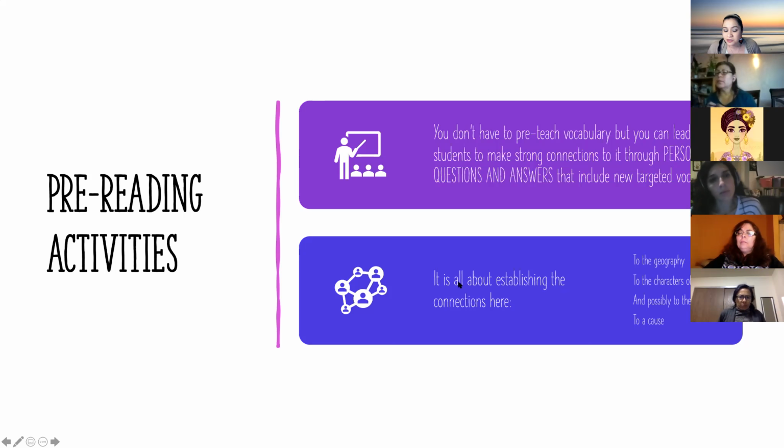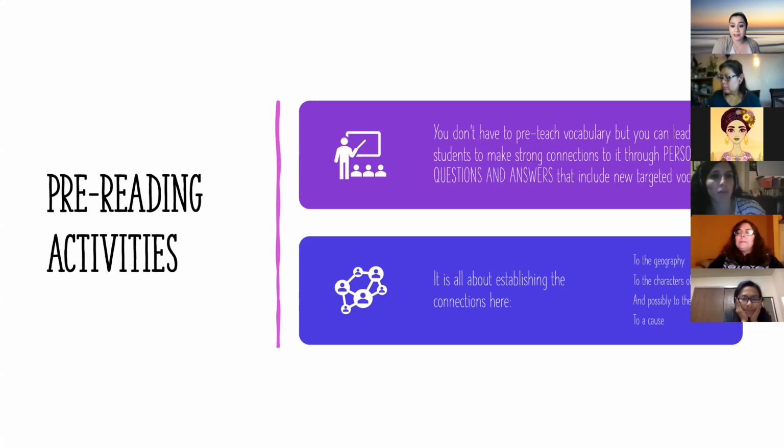You can also, with the pre-reading activities, establish connections to the characters of the novel, and also possibly to the students' own lives. Sometimes we do connect them to their lives, because a lot of the stuff that the characters are going to go through is connecting to what the students are going through. And then sometimes we can even connect them to a bigger cause.